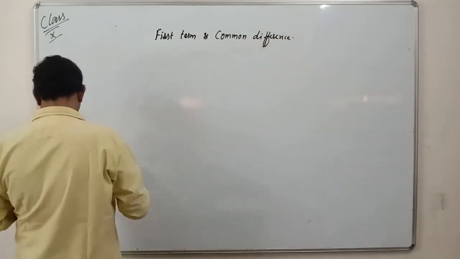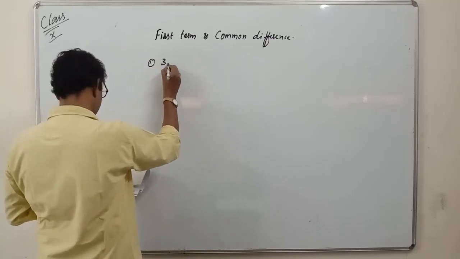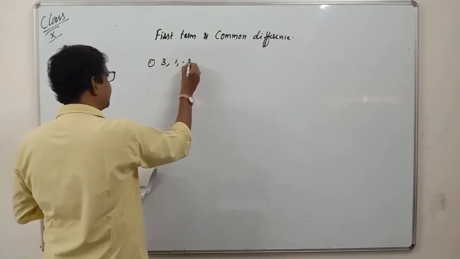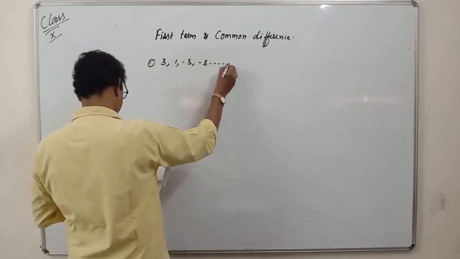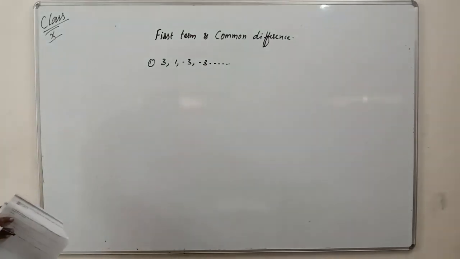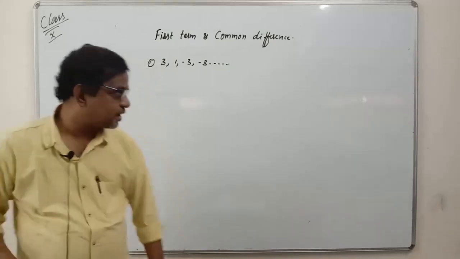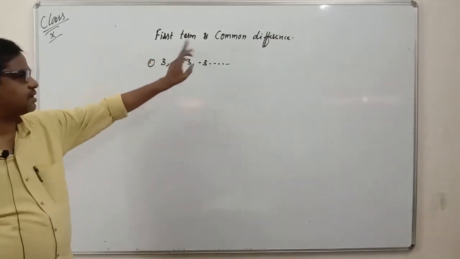Here the first one is 3, 1, minus 1, minus 3. What it is saying is, two terms are given. Find the first term and the common difference.